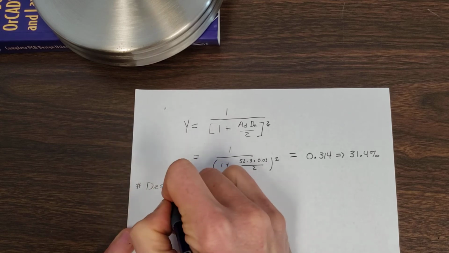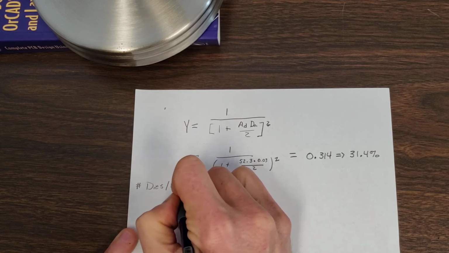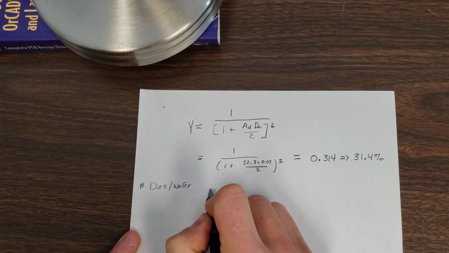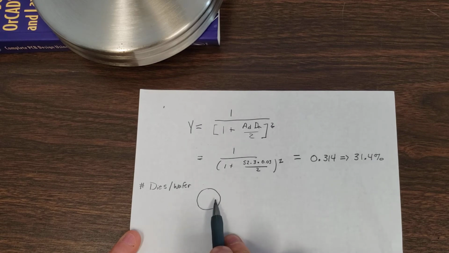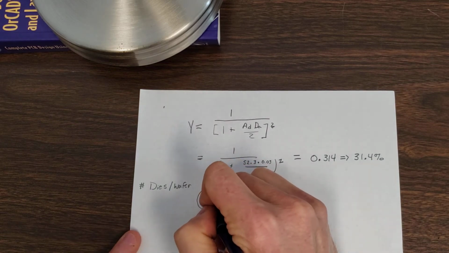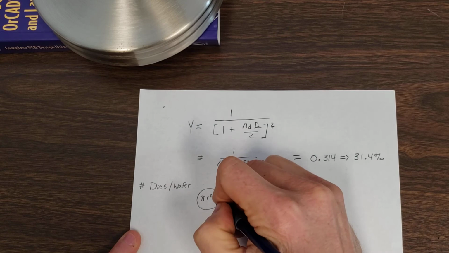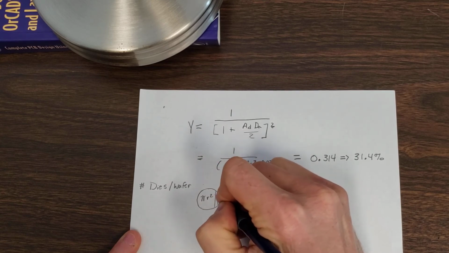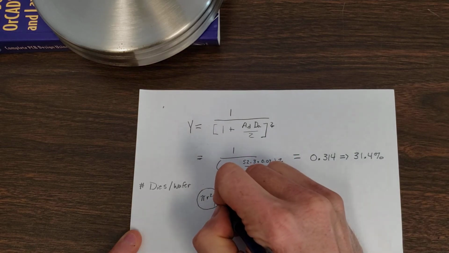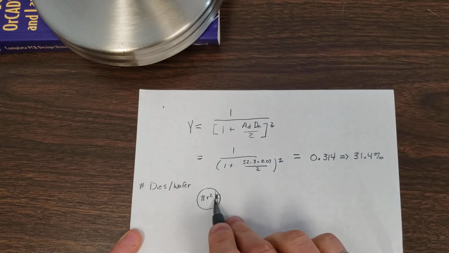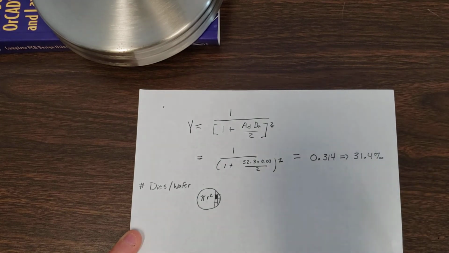Next, we're asked how many dies fit on a wafer. This is a very rough approximation, but we assume the wafer has a certain area, pi r squared, and then we're putting all these little dies on it. It's a terrible approximation, but we take the area of the wafer divided by the area of the die.